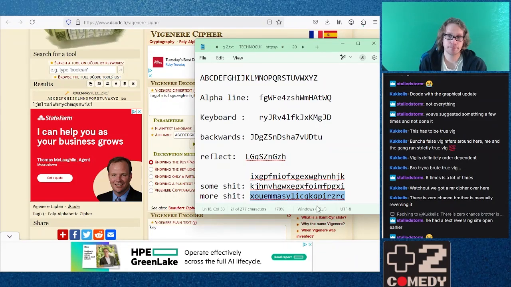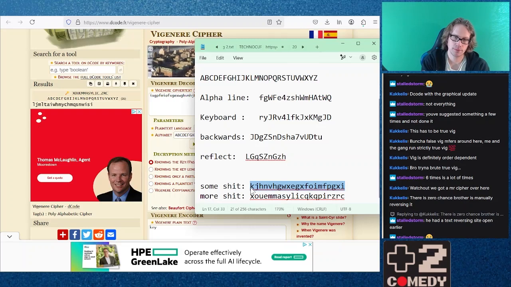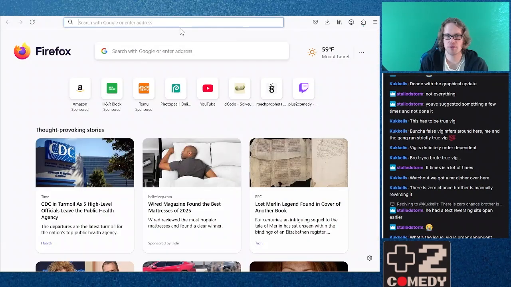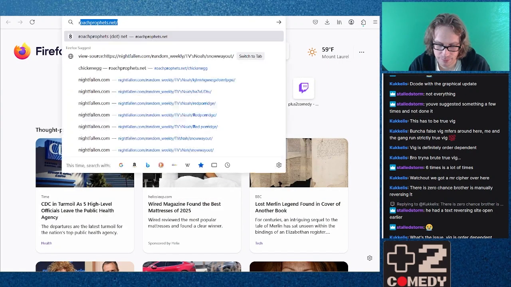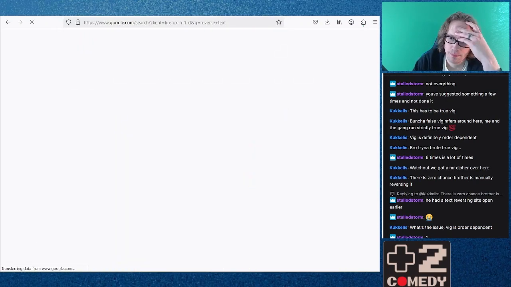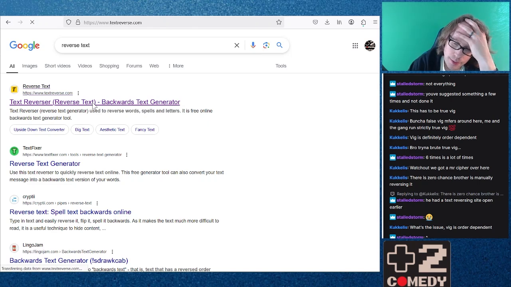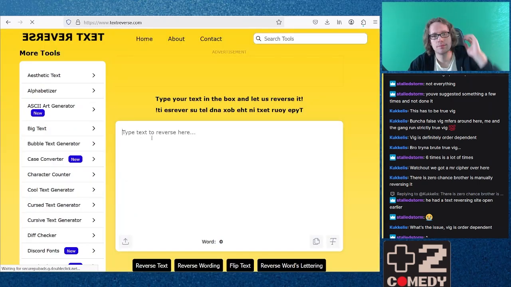So that didn't work. I'm just gonna copy this real quick. There's 21 letters, so I can't split them up the same way as before.